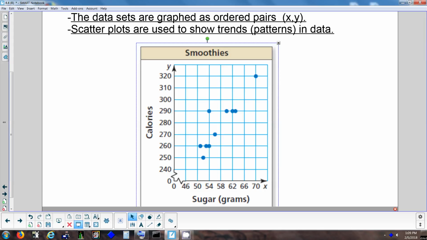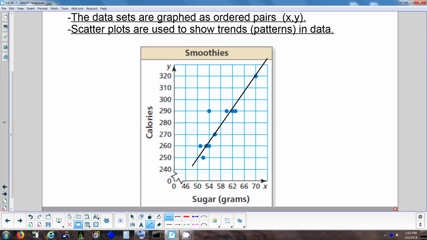There's one point over here that looks a little different, but I would say the rest of them kind of look like they would lie along a line. Exactly. You could almost draw in your own line and see that a lot of those points, with maybe the exception of one of them, are pretty close to that line.